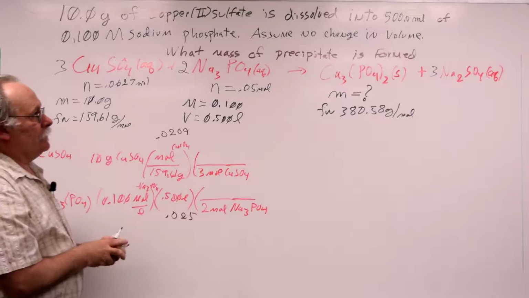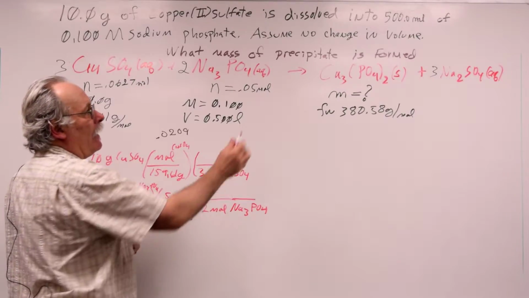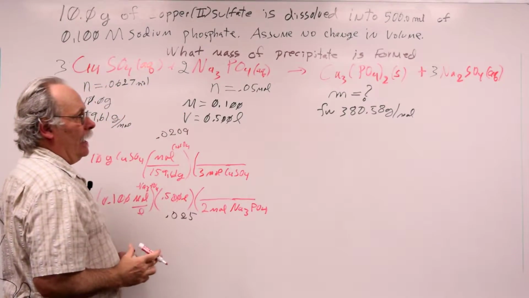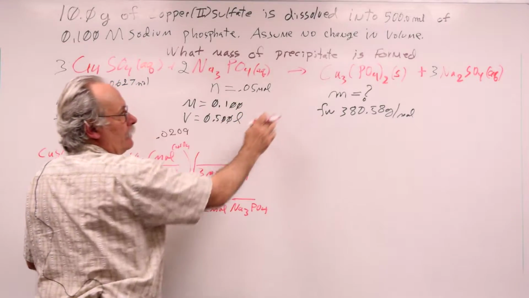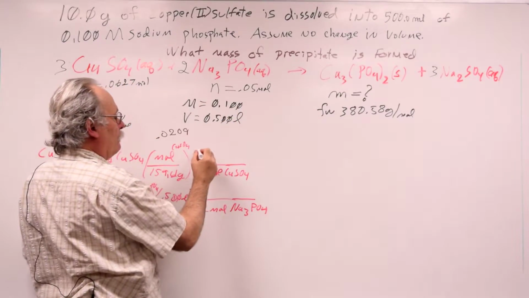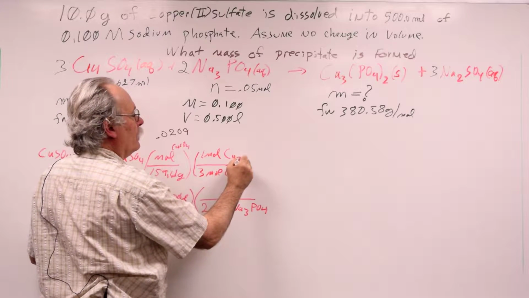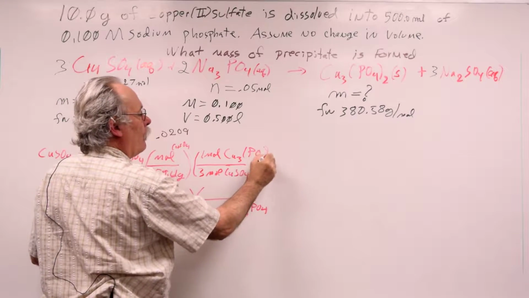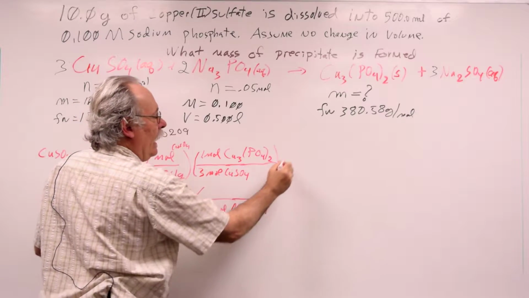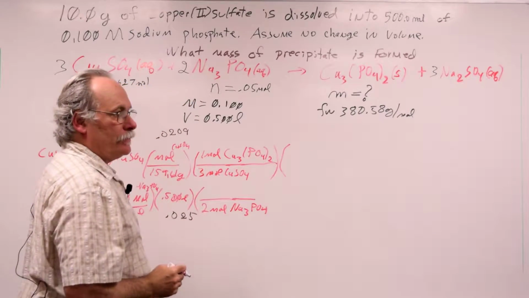So then what I would do is multiply by the moles of the product that I want, okay? And since I'm after this, I would multiply by 1 mole of Cu3(PO4)2. And then I would convert those moles to grams.